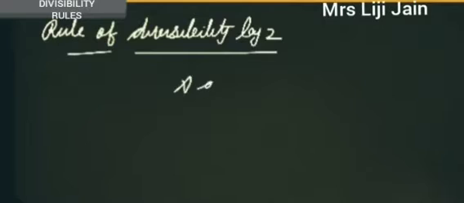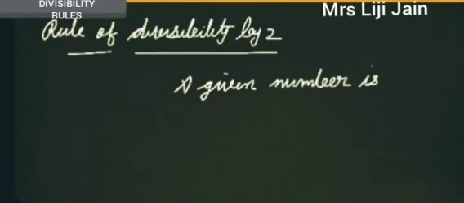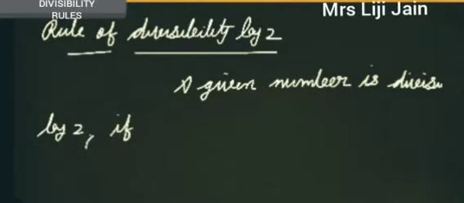A given number is divisible by 2 if, what is the rule?